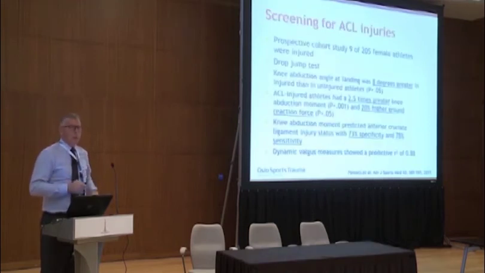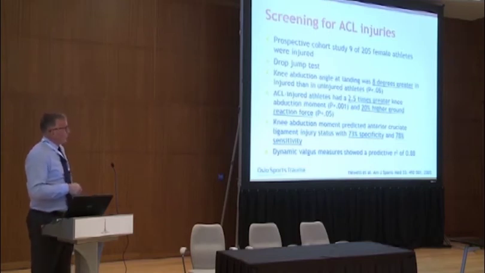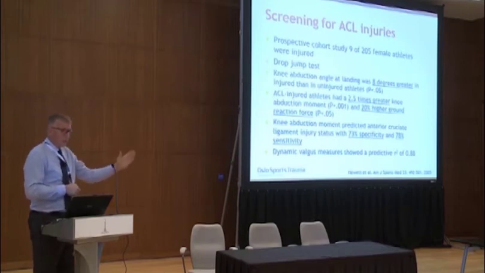That's the assumption. And where does this come from? Well, this comes from a study that was published in 2005 by a good friend, Tim Hewitt, and his co-workers, where it looked like this test had revealed this particular trait. So athletes who injured themselves with ACL injuries had 8 degrees greater knee abduction angle. So that's what we see as valgus when we see the test.